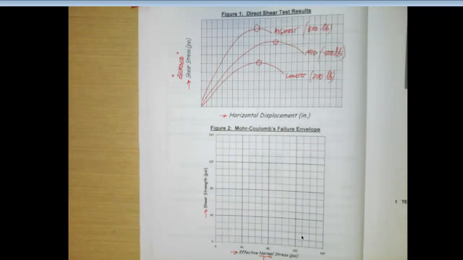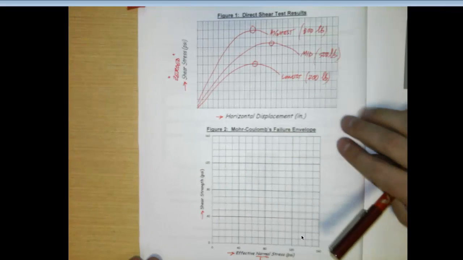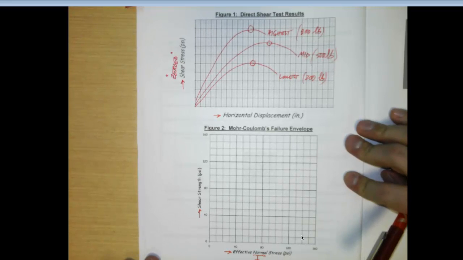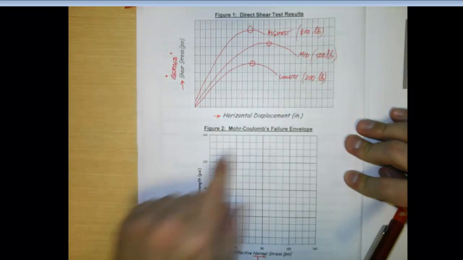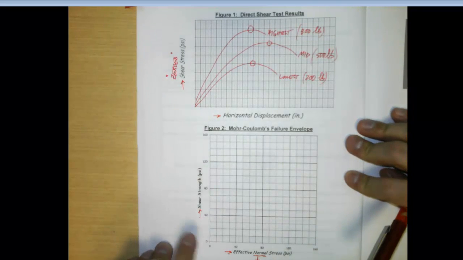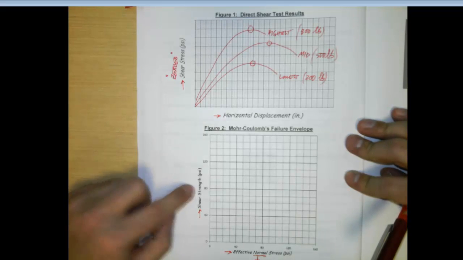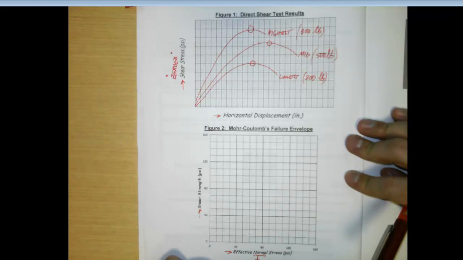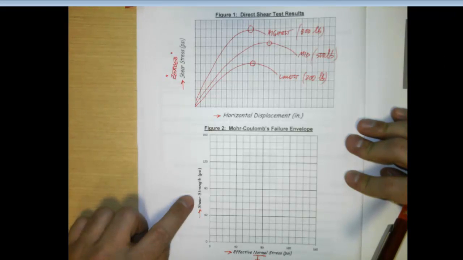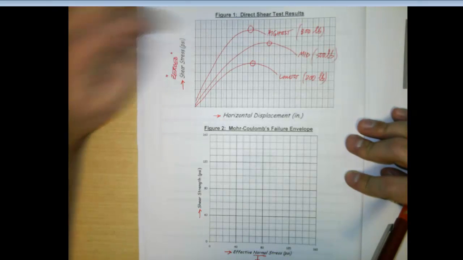Now going on to the second figure, second graph that you're going to be expected to produce, the Mohr-Coulomb failure envelope, you'll actually be using this in your third year soil analysis course. You're going to be plotting shear strength versus effective normal stress. The shear strength is simply the maximum values that you get from this graph here.